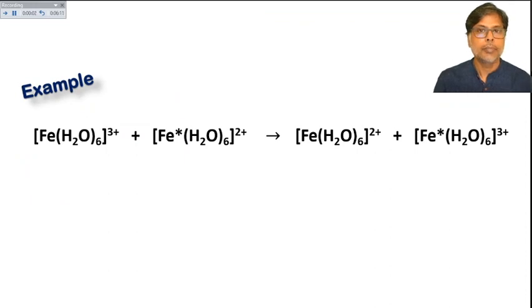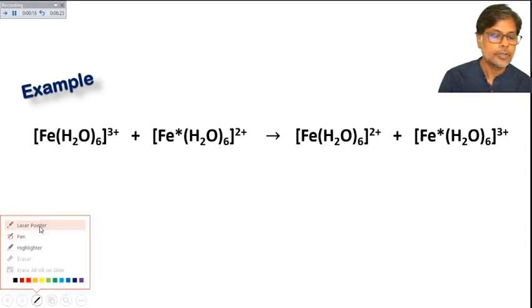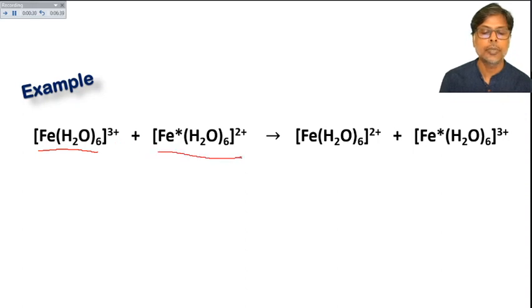In this example, we have an iron 2 complex and an iron 3 complex. Here you can see, this is an iron 3 complex and this is an iron 2 complex.